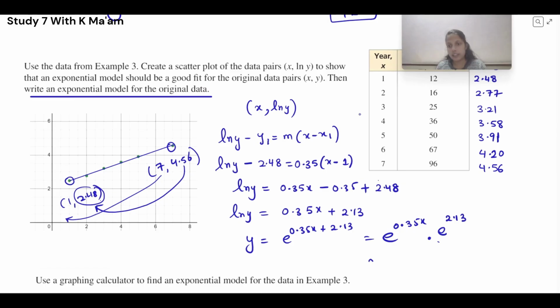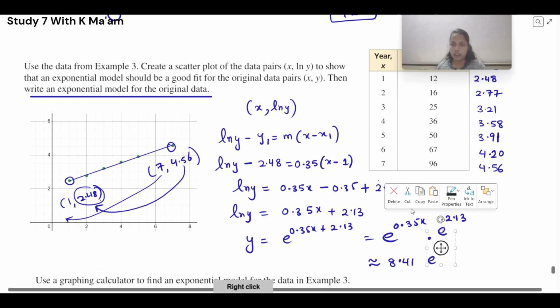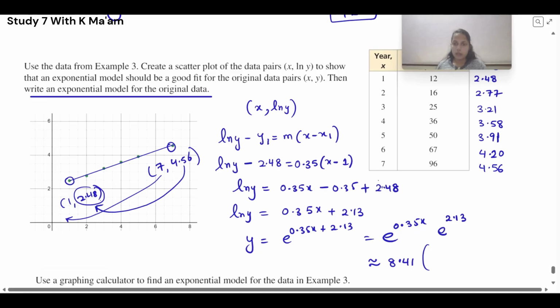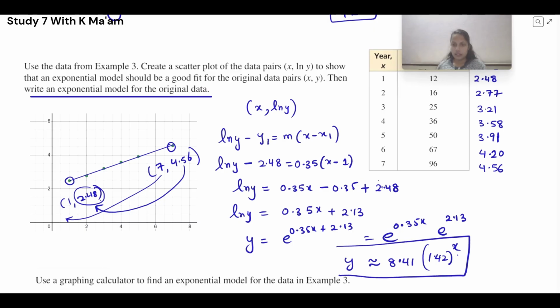You can calculate e power 2.13; it becomes 8.41. You can calculate e power 0.35 also. It will look like 1.42 to the power x.